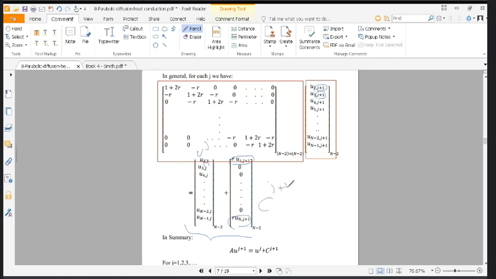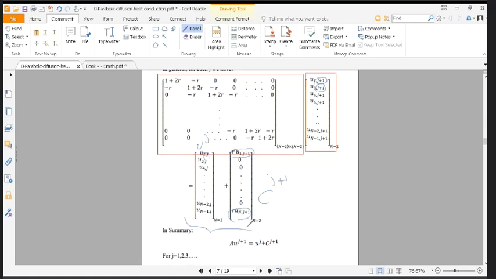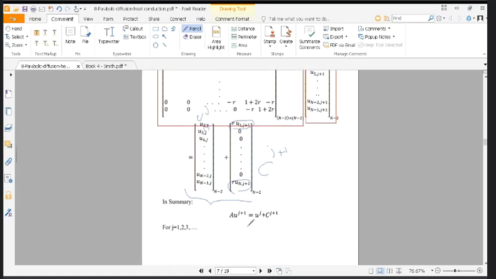Why j plus 1? Because u1, j plus 1 and un, j plus 1 are the boundary points at the new time level, and the values of these points are known. Okay?